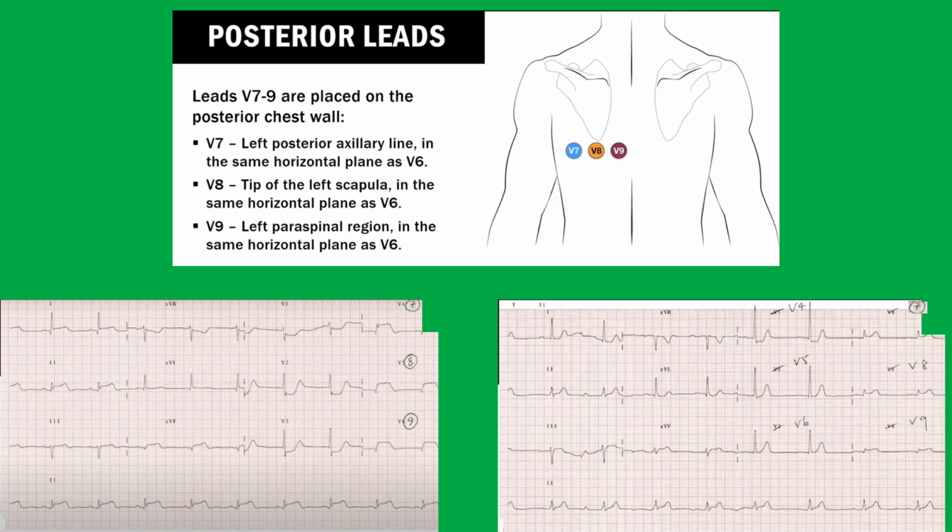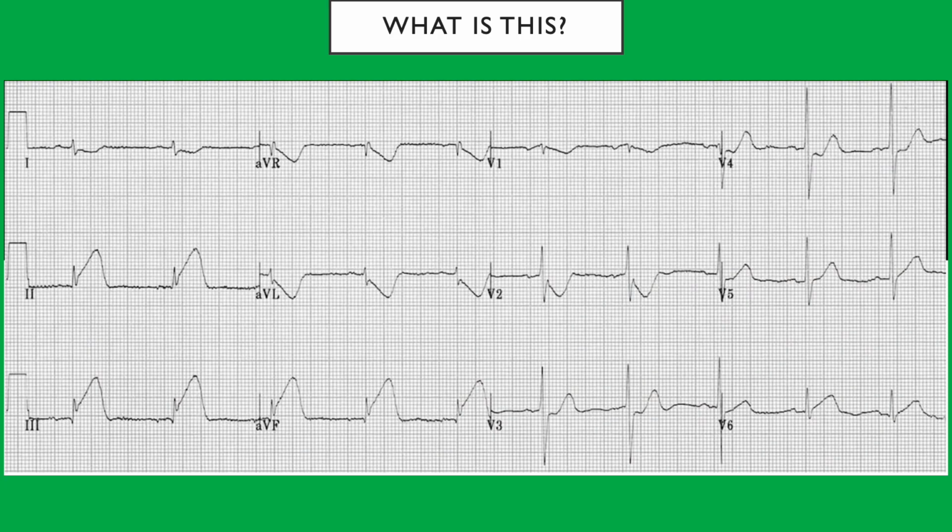Or here, like, everything is changed. What is this one? Where are the ST elevations? Where do you see? 2 and 3. 2, 3, and AVF, which means, okay, and I finished with ST elevations, I'm looking for ST depressions, where? AVR.